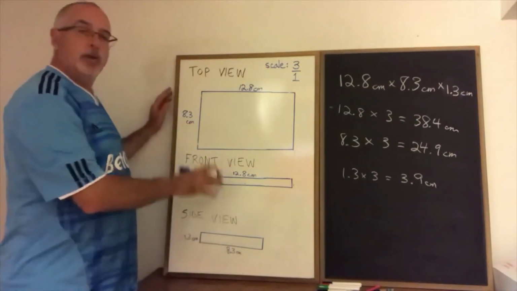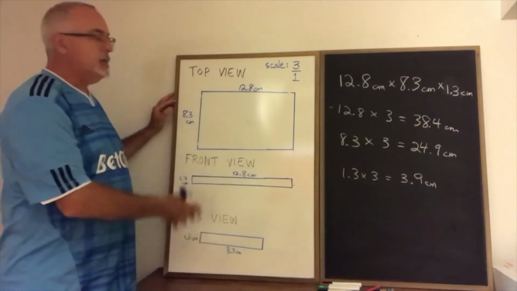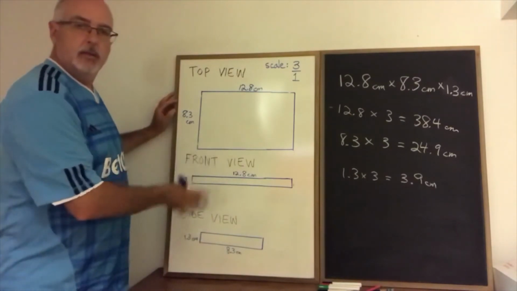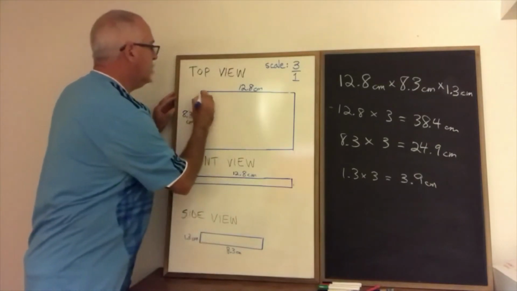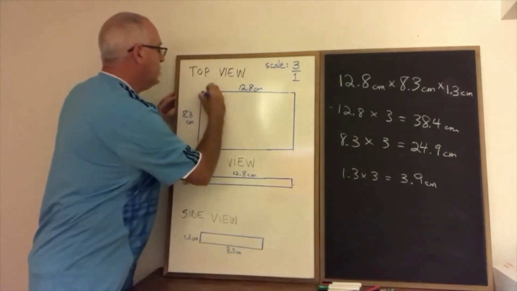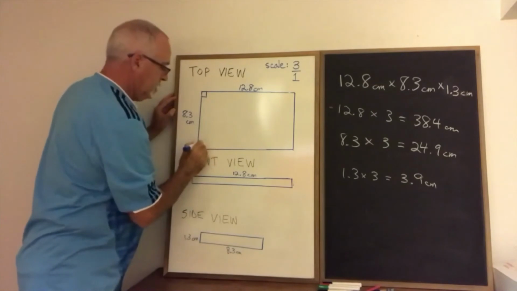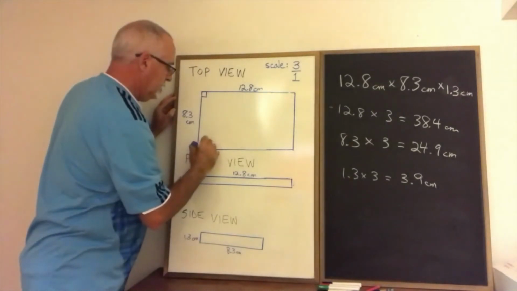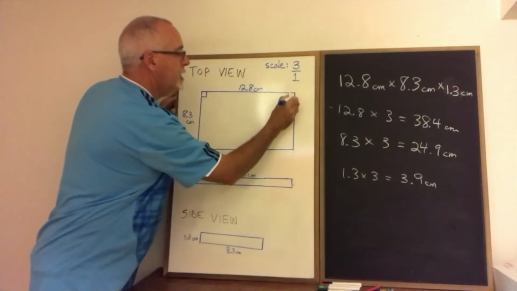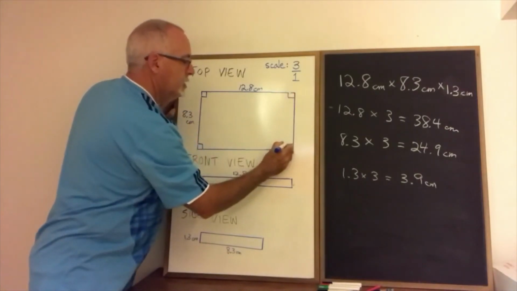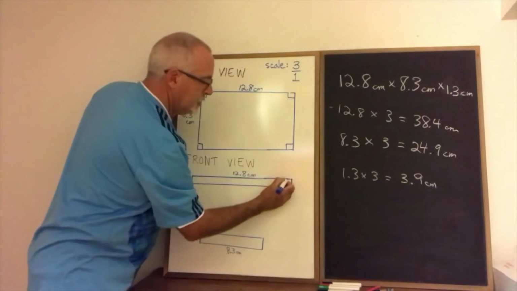One bit of information that's still missing from these diagrams is the angles. This is a rectangular prism. All of the faces were rectangles. So I'm going to show the little square symbol that shows we have 90-degree angles. And I'll just show it on all of the corners of these rectangles.